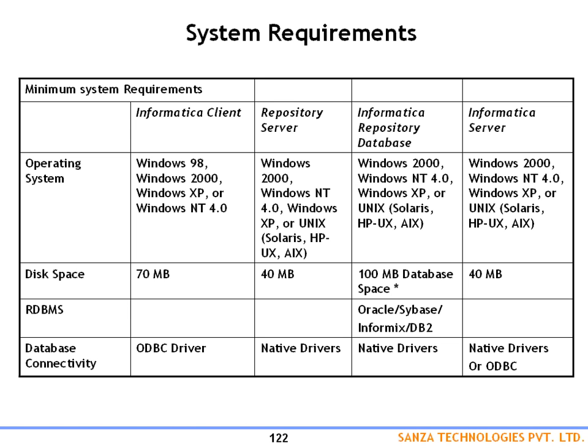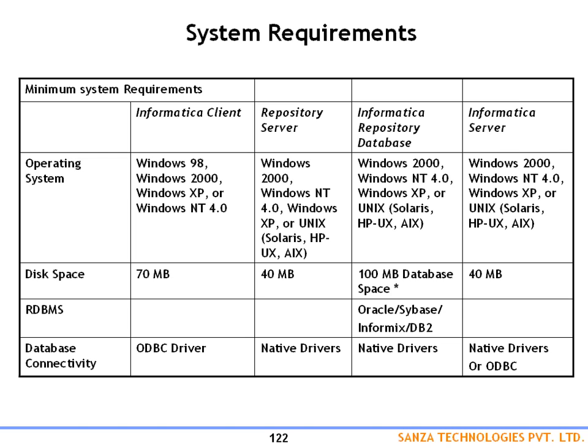And the system requirements: client tools can be installed only on the Windows environment, whereas the repository server and Informatica server can be installed on Windows or Unix or Linux, different Unix flavors.